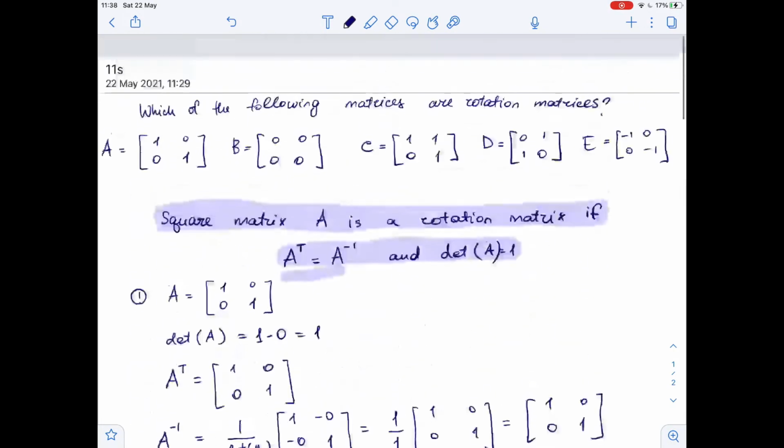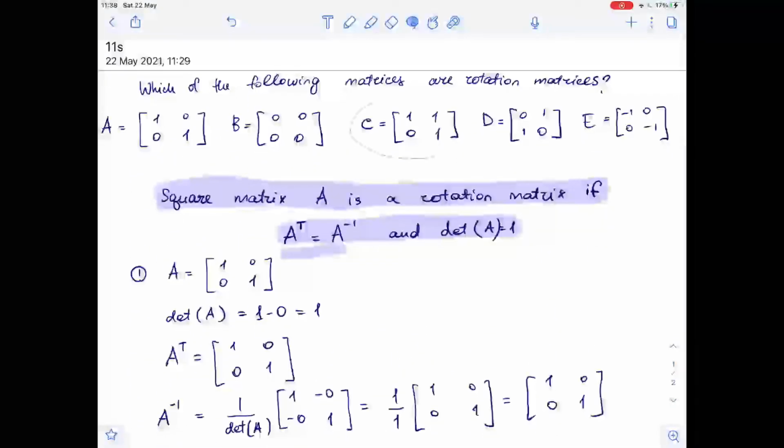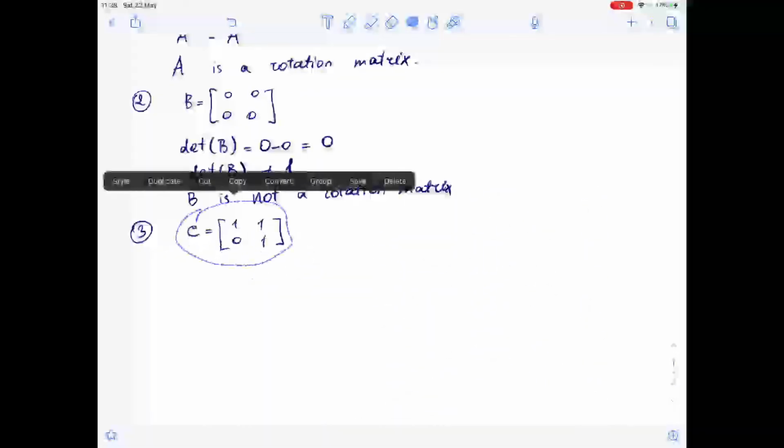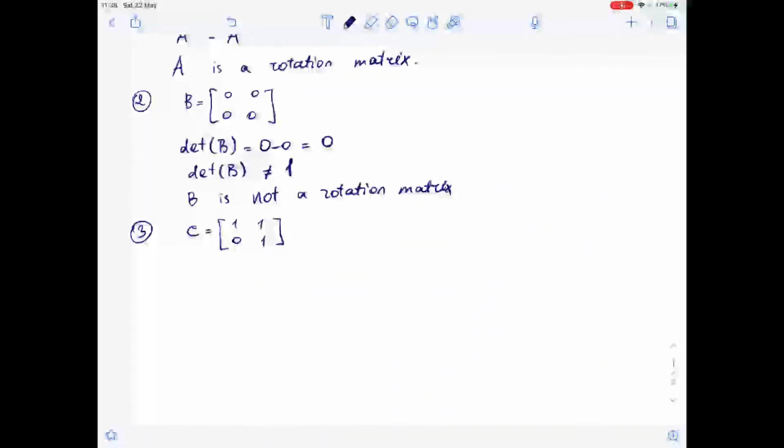Well, now we will do the same thing with matrix C. The determinant of matrix C is equal to 1 minus 0, which is 1. So this requirement is met.